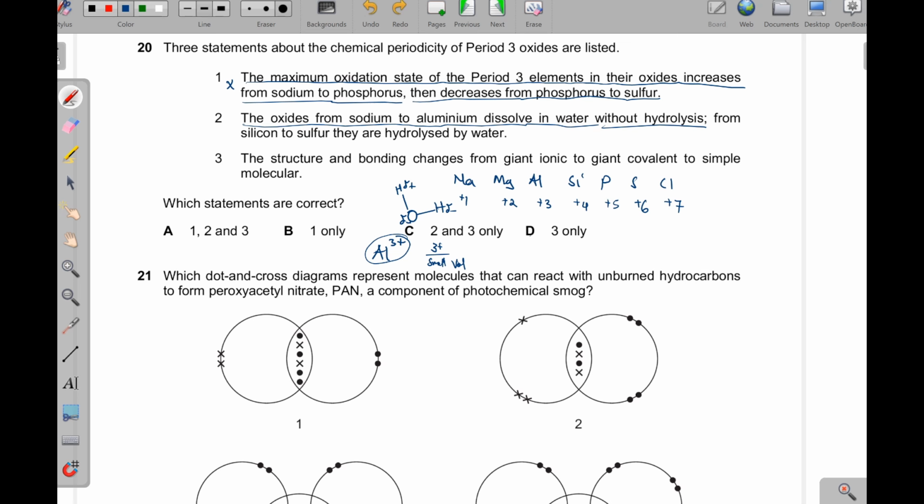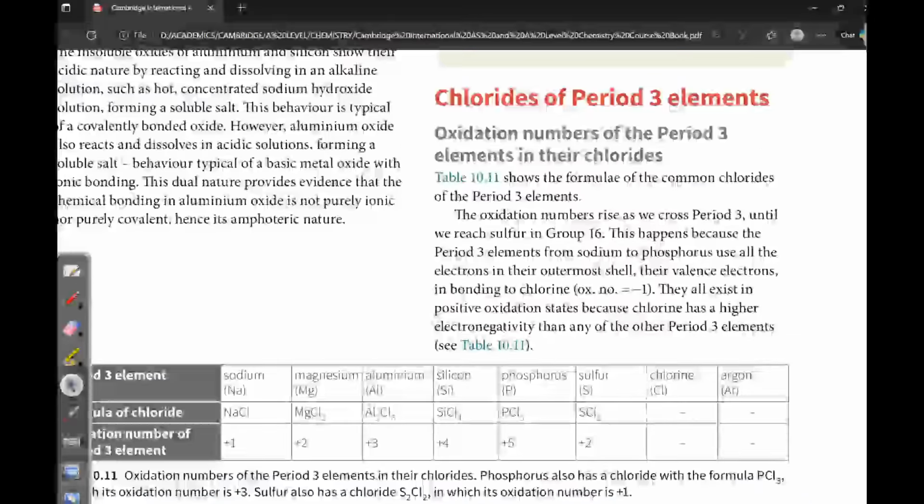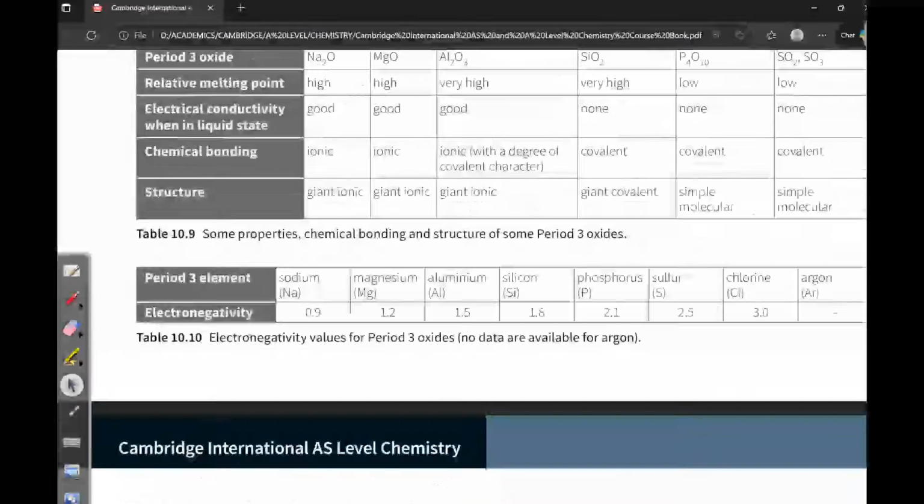So here we are putting this one off. That means 3 only has to be our answer. So the answer has to be D. But what does it say? The structure and bonding changes from giant ionic to giant covalent to simple molecular. That is true. Let me take you back to the structures.